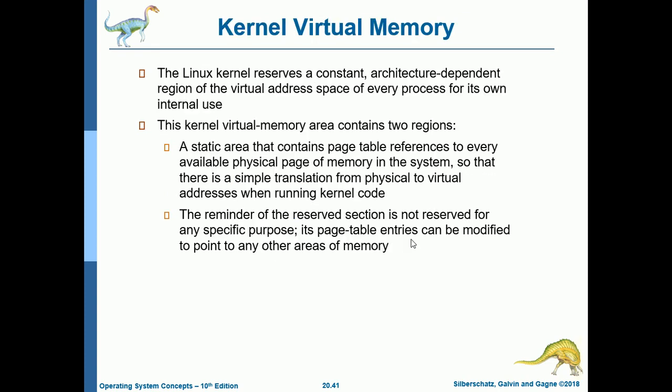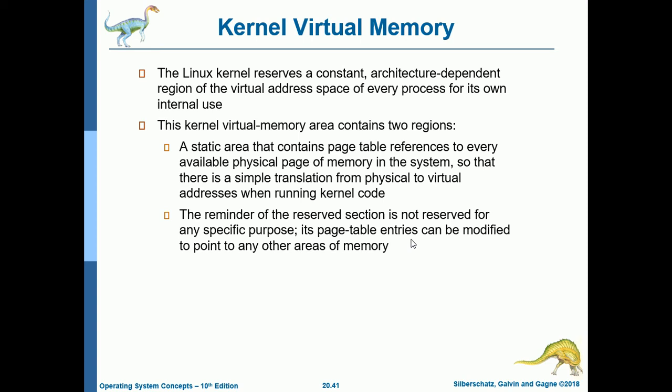So if we have virtual memory, we also have the kernel virtual memory. The Linux kernel reserves a constant, architecture-dependent region of the virtual address space of every process for its own internal use. This kernel virtual memory area contains two regions.